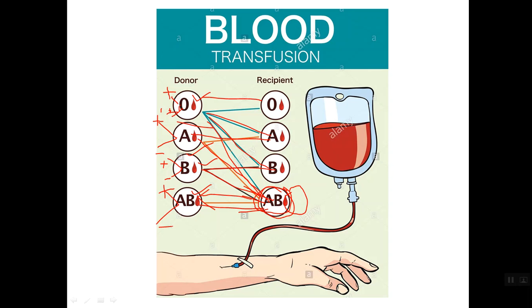So each and everything has to be taken care of before we go for blood transfusion, either donating or receiving blood. By learning the structure or chemical composition of the blood group antigen, it has very good applications. You should know the blood group antigen during blood transfusion, hemolytic diseases, and organ transplantation.